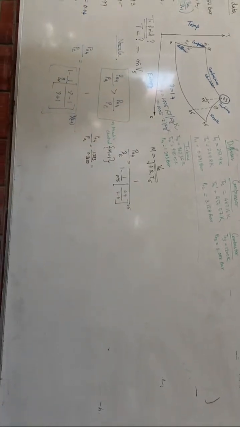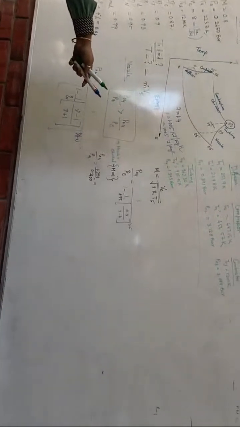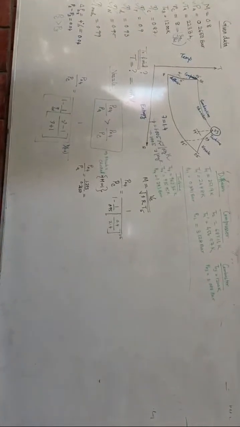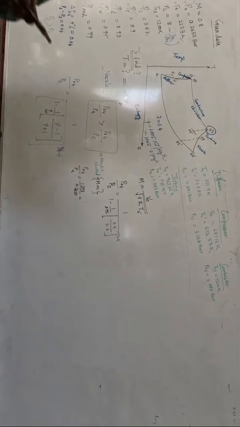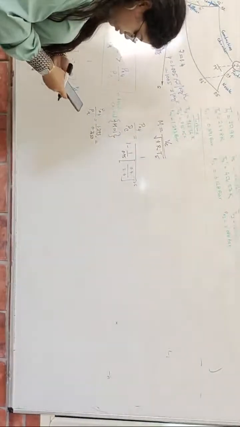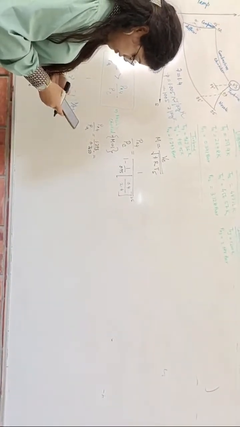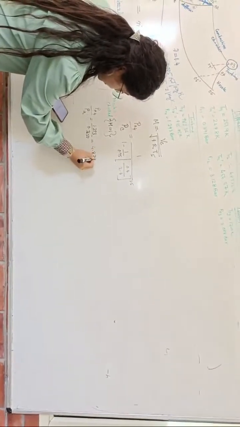1.293 divided by 0.2650. So let me see, 1.293 divided by 0.265. It's coming around 4.879.